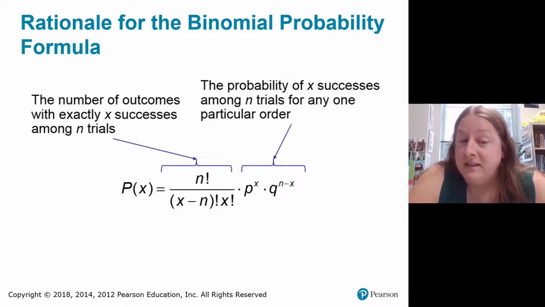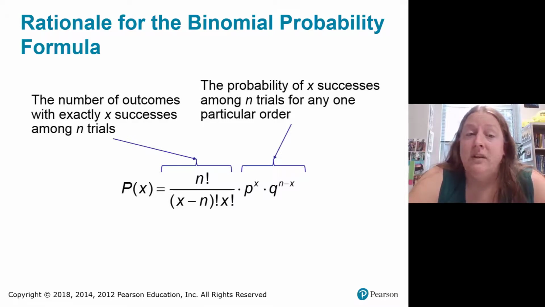What goes in place of that chunk of variables is the number of ways to choose X outcomes from N trials. All we're doing is looking for the number of outcomes that have exactly X successes. So we're choosing the X successes from our N trials, and we're saying, how many ways can we do that? We can't tell the difference between the successes. That's why we're in our combination deal instead of our permutation deal.